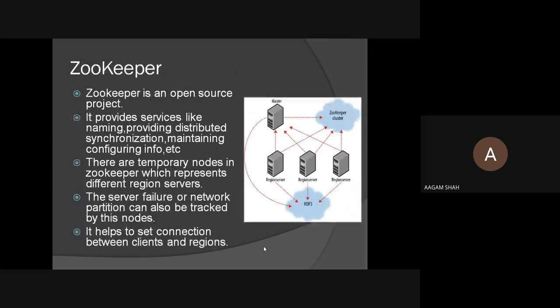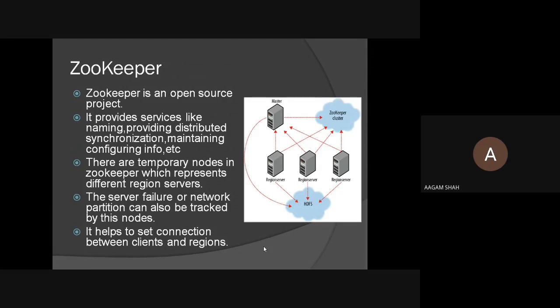The next one is Zookeeper. Zookeeper is an open source project. It provides services like naming, distributed synchronization, maintaining configuration information, etc. There are temporary nodes in Zookeeper which represent different region servers. Server failure or network partition can also be tracked by these nodes.